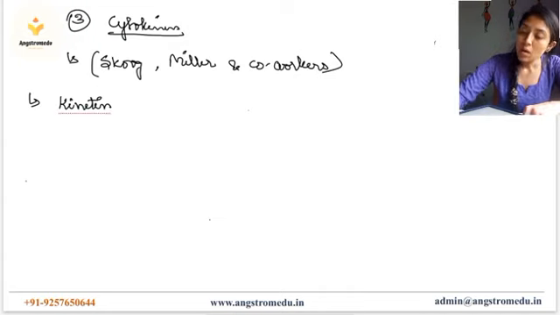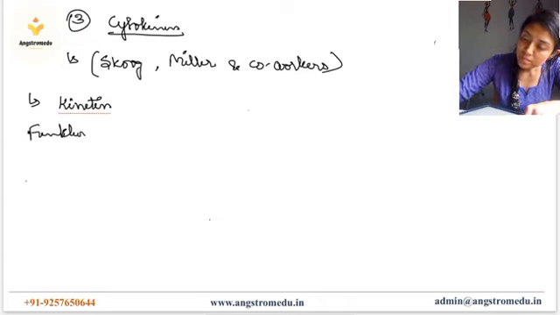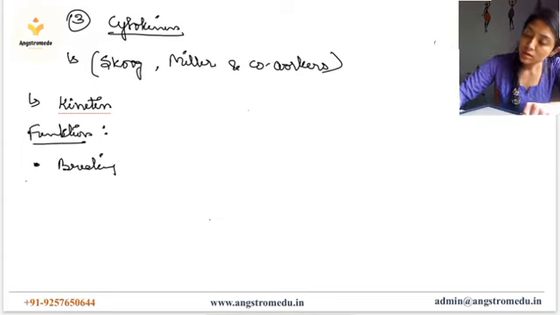Okay, what does cytokinin do? If we talk about its function, cytokinin is responsible for breaking, again, seed dormancy.